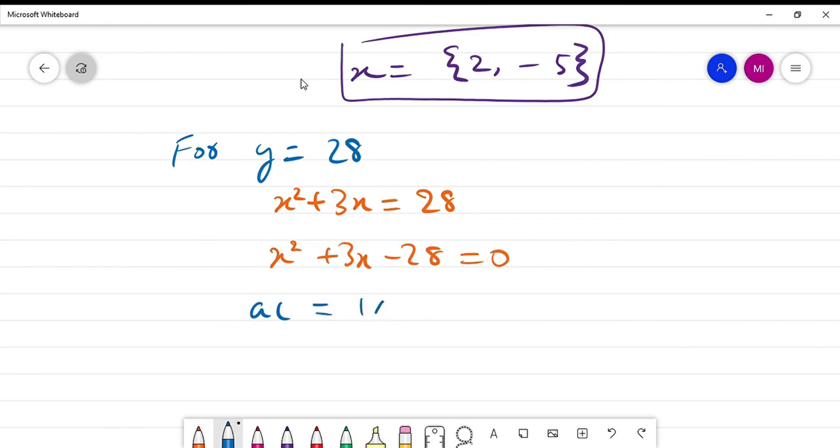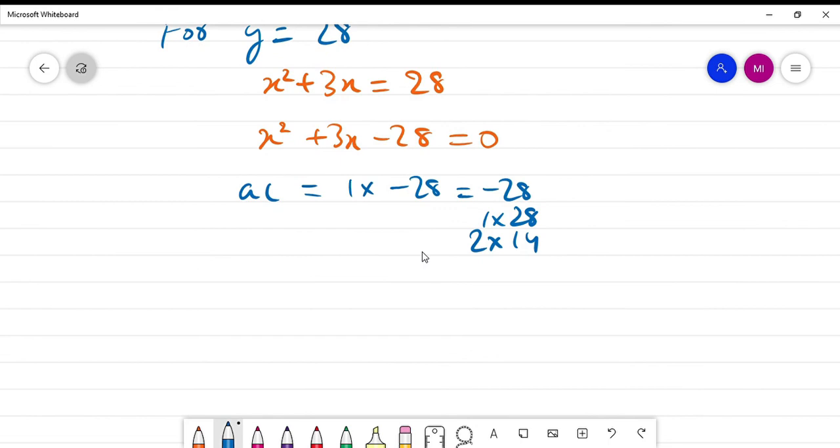AC is equal to 1 into negative 28, which is equal to negative 28. The factors are 1 into 28, 2 into 14, and 4 into 7.